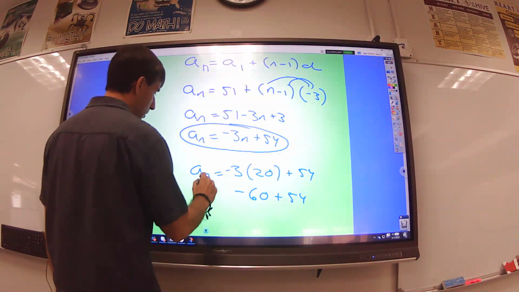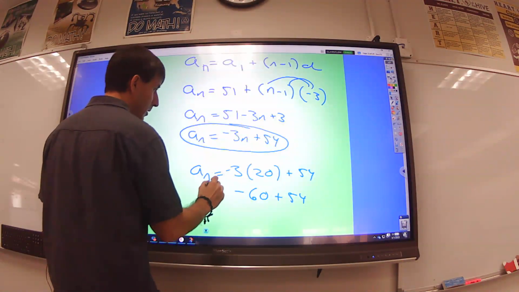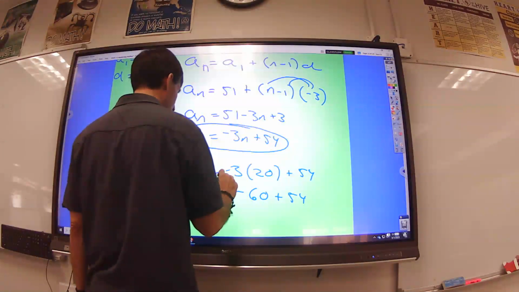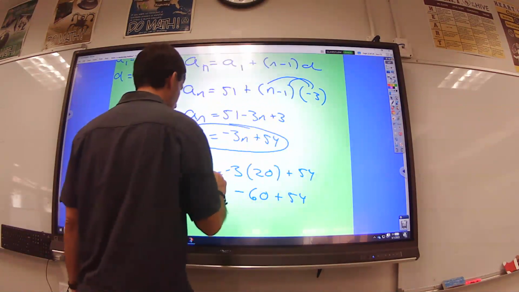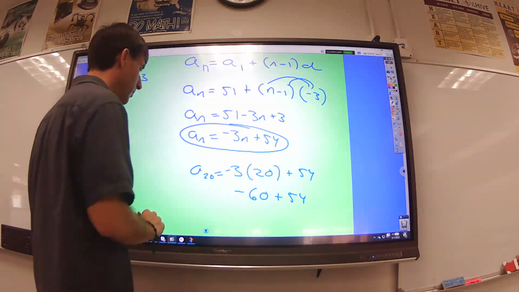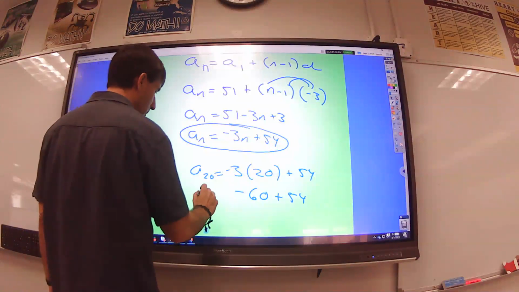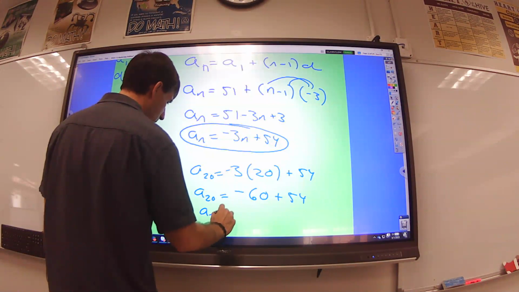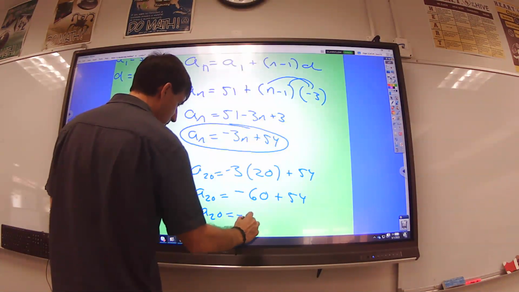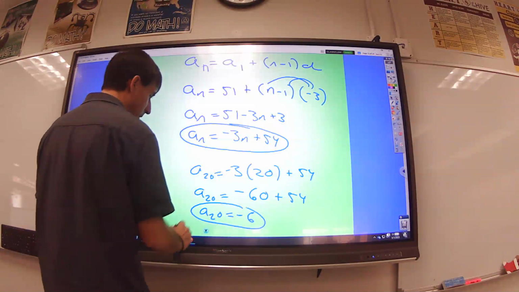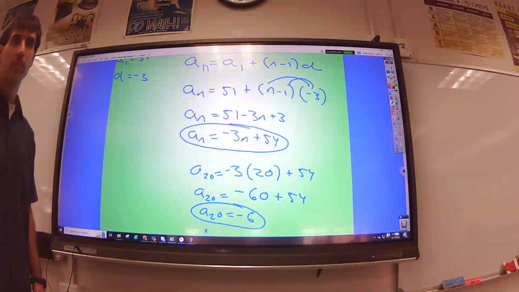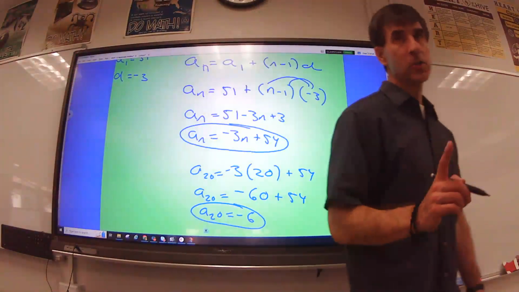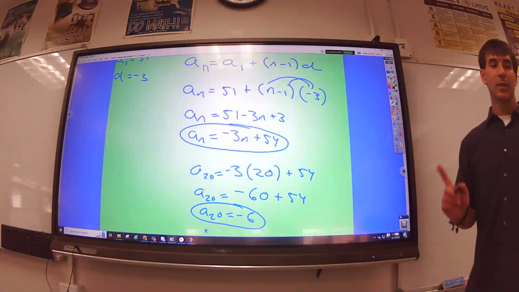Let's change this from A sub n to A sub 20. A sub 20 equals negative 6. That is my 20th term. But that's given the first term and the common difference.